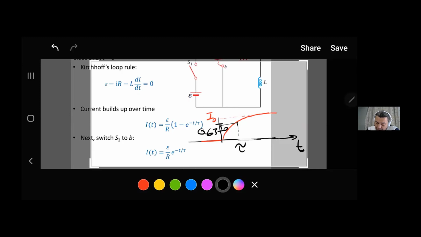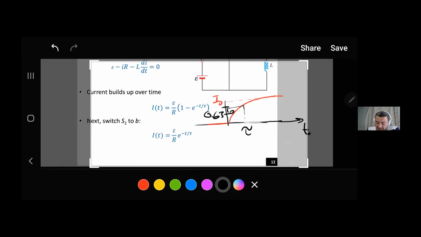After 5 tau, or you can use t equals infinity, you'll be reaching the steady state. At that point, the maximum current would be I naught, which is the maximum current that a voltage source can give to the inductor, because at infinity, as we will see later on, the inductor is treated as a piece of wire, nothing but a wire.